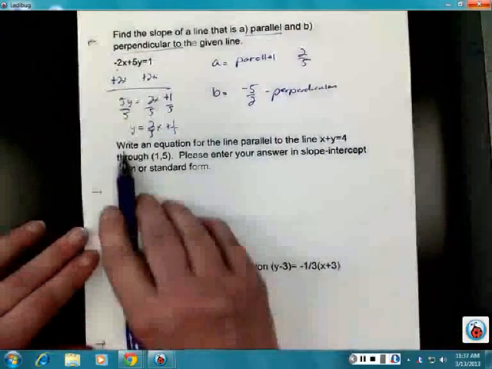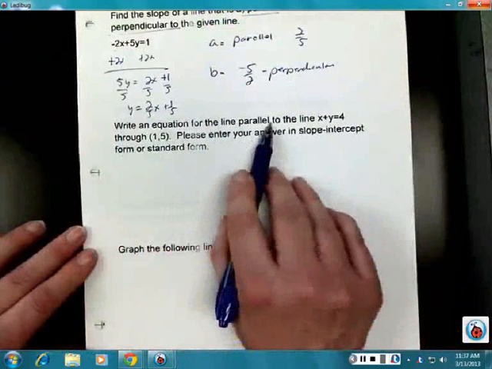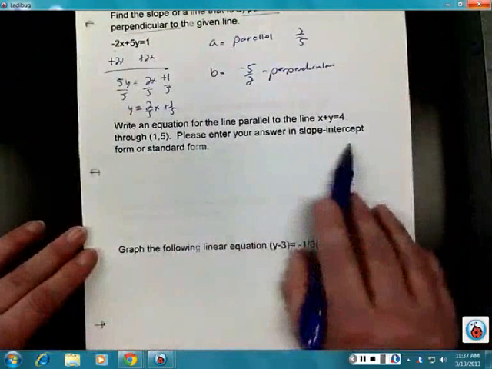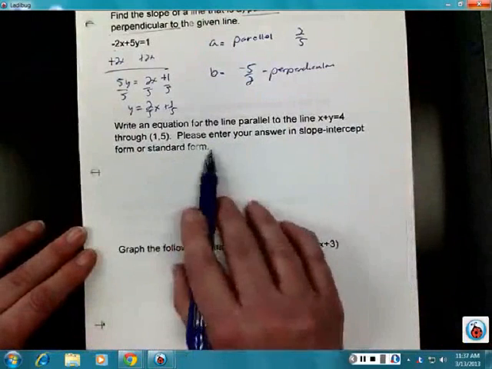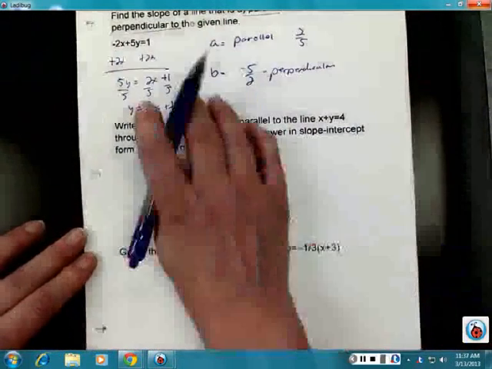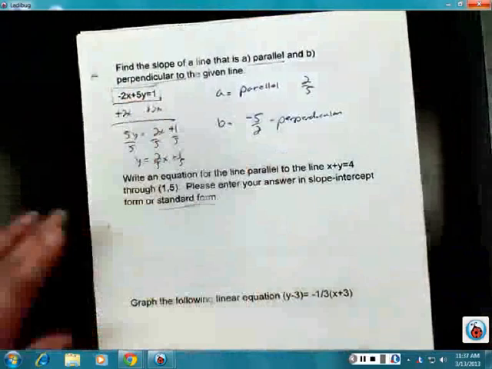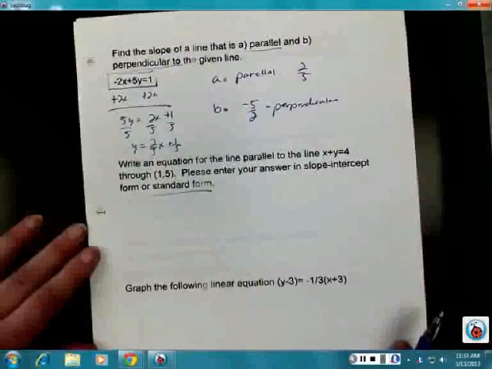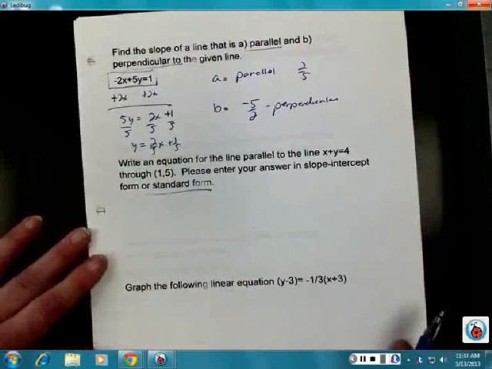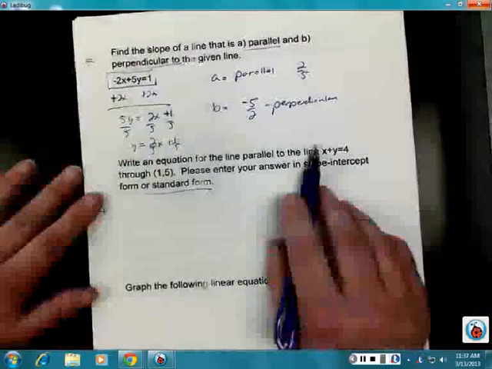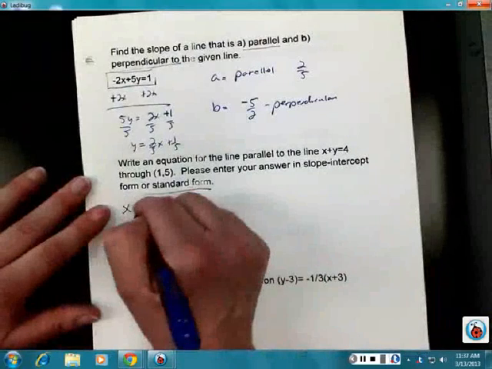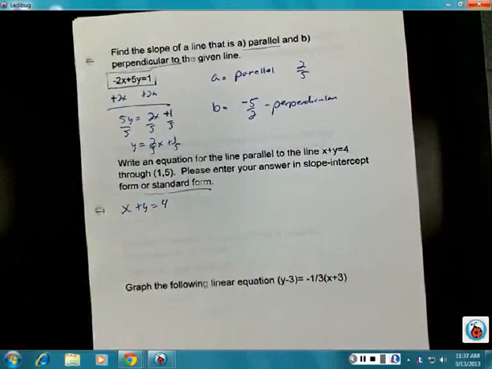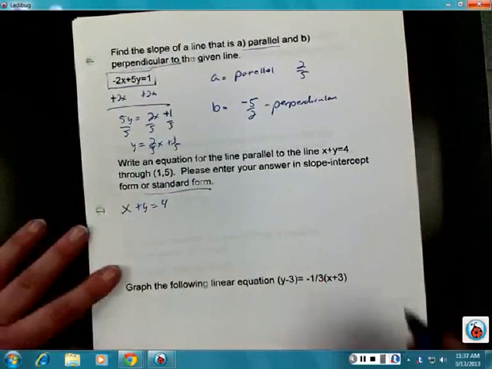The next one says, write an equation for a line parallel to this line through this point. Please enter your answer in slope-intercept form or standard form. It's easier just to do your slope-intercept form and solve for your y. It causes less problems. This is where I get confused when they start talking about the wording, slope-intercept form or standard.